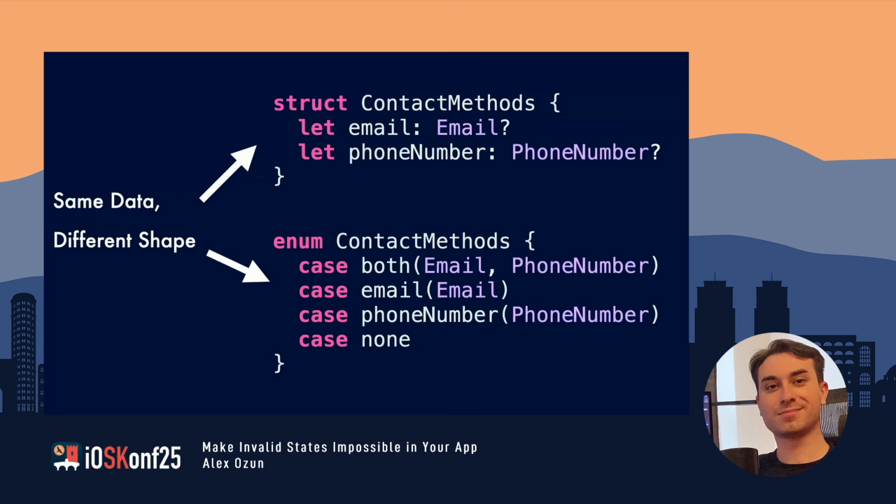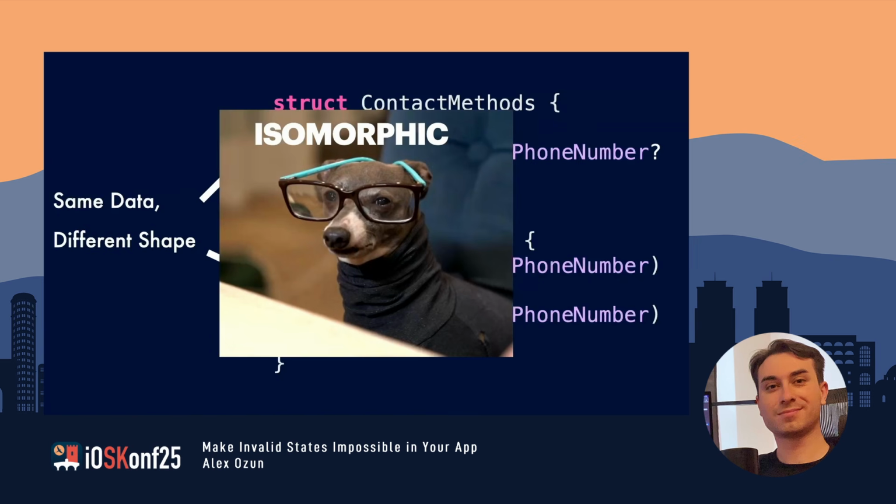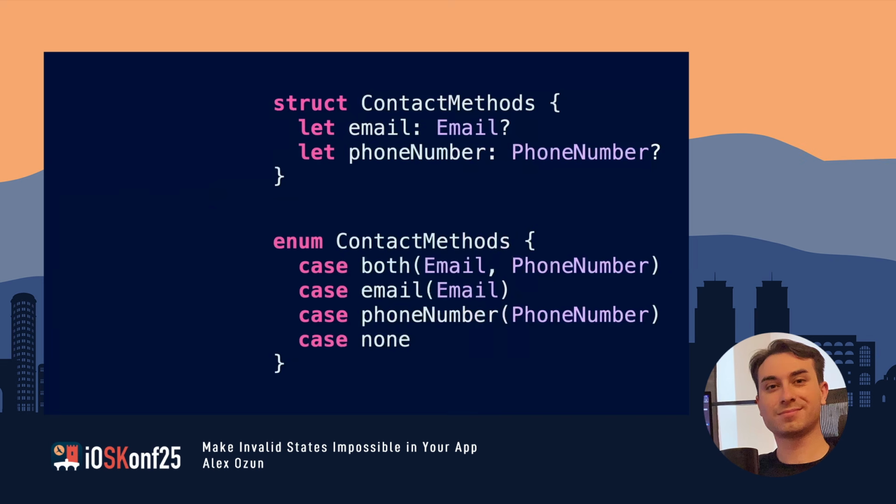Or if you want to impress your colleague, you can say they're isomorphic, which means we can transition from one representation to another without losing any data. But the second representation at the bottom lays out state in a more obvious way. And here we can actually easily answer which part of the elephant we need to chip away. And this is this part.